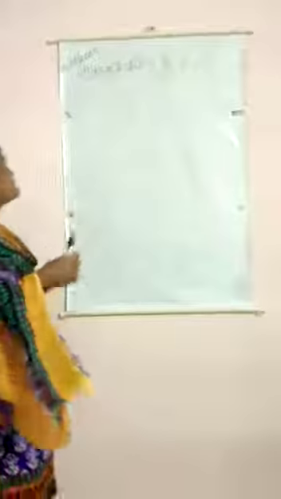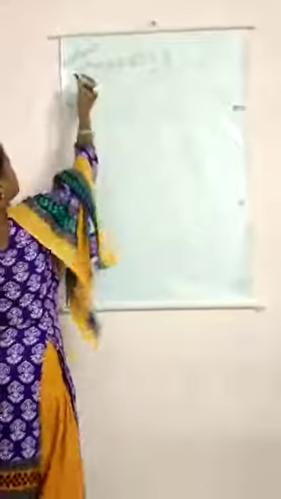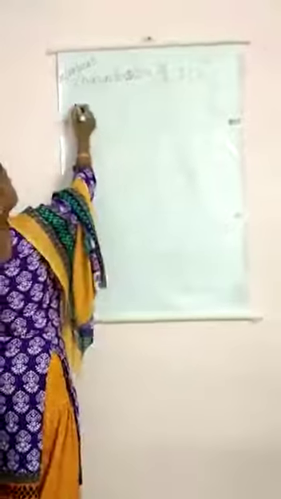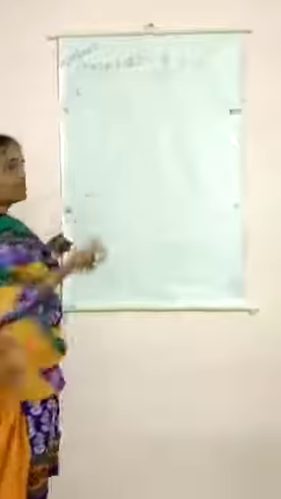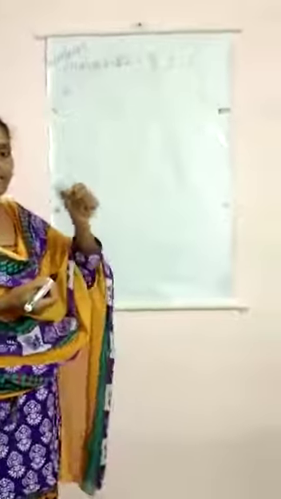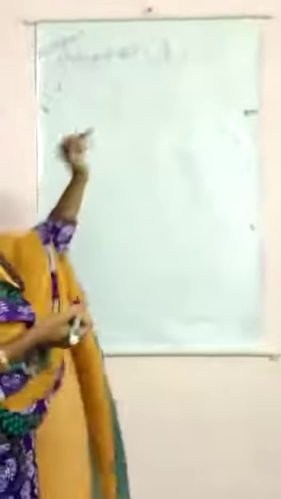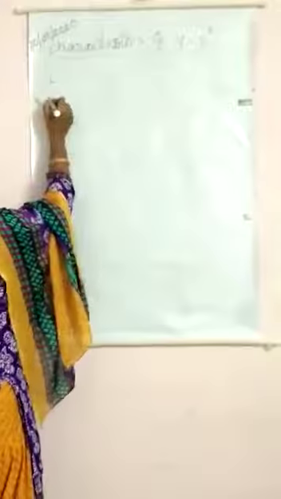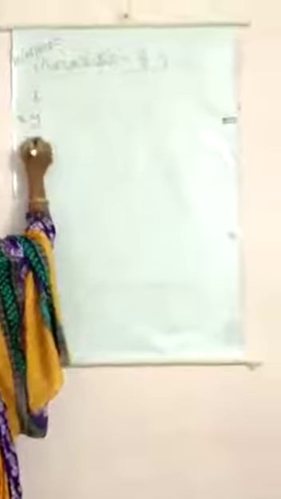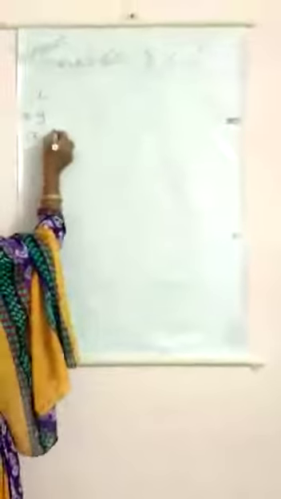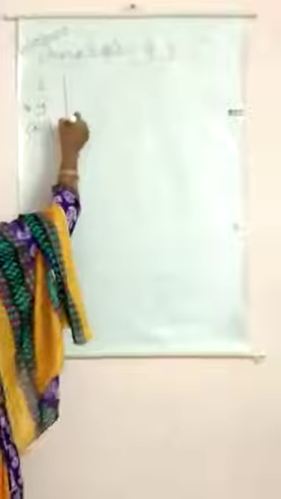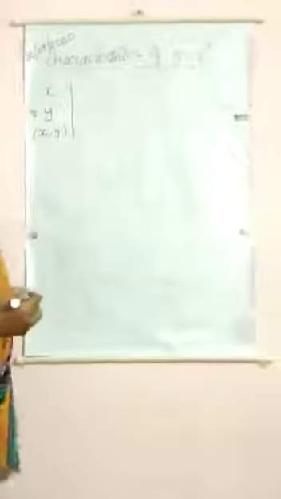Okay, so first you have to make a table of solutions. Two variables are there, one is x and another is y. The first column is the x value and the second is the y value, and the points are x comma y. First I took x is equal to 0.